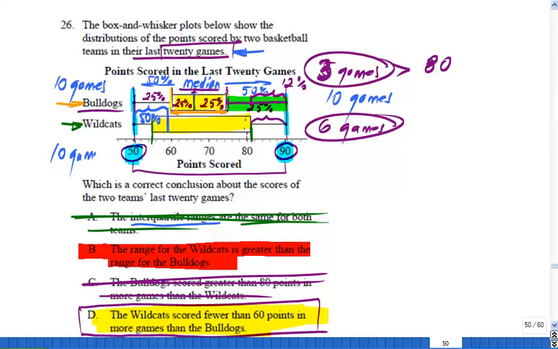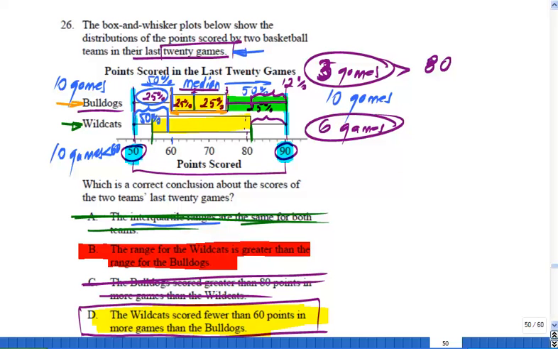So 10 games lower than 60, or more than 10 games, because you see 60 is right there. When the Bulldogs scored lower than 60, it was only a quarter of their games, which is less than 5, obviously, and less than 10 if you want. So that's why D stays as the right answer.